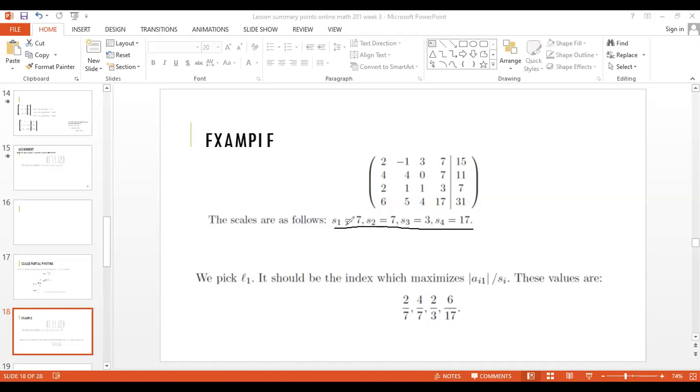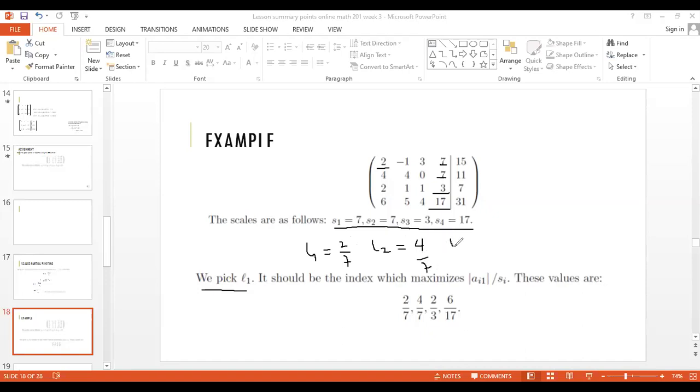So S1 is 7 here, S2 was 7, S3 is 3, and then S4 is 17. Whereas in the first selection for our optimal li, we use the coefficient. So L1 will be 2 over S1, which is 7. L2 is the absolute of the leading coefficient, which is 4 over 7.